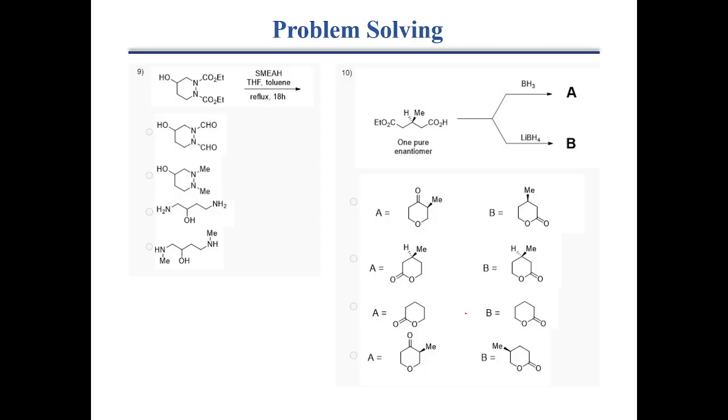So now the next question is this one. So this is the reagent. What happened in this case?